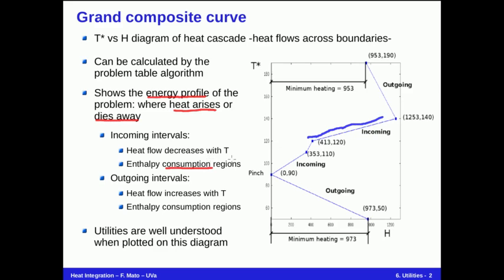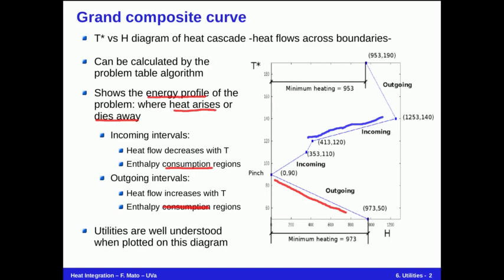Remember that down in temperature is the spontaneous sense. On the contrary, in outgoing intervals, the heat flow increases with temperature decreasing in the spontaneous sense, and then there are enthalpy production or excess regions. This consumption is wrong, it must be production.